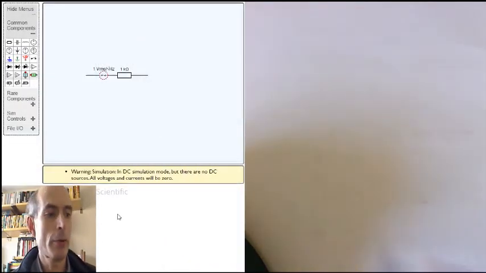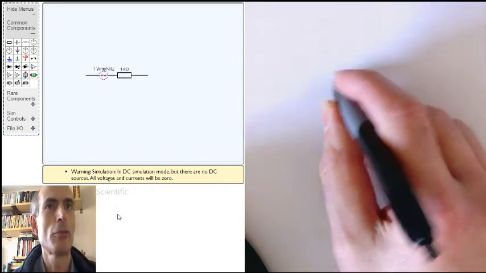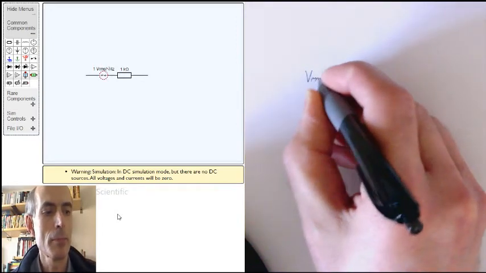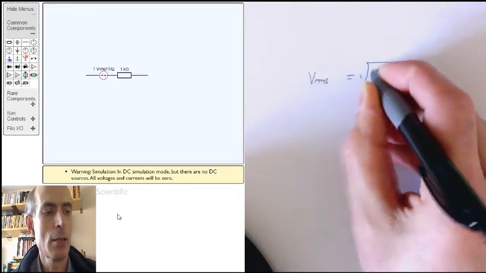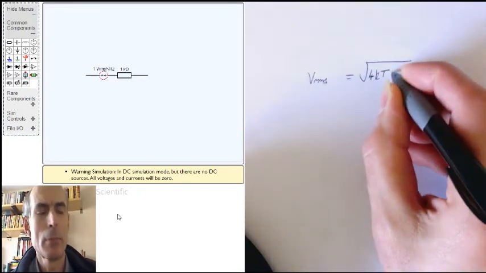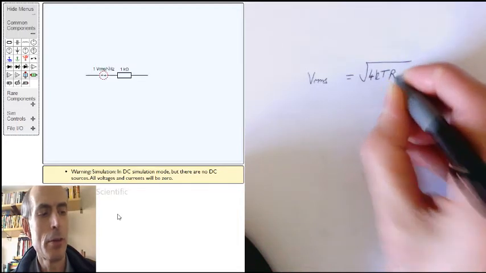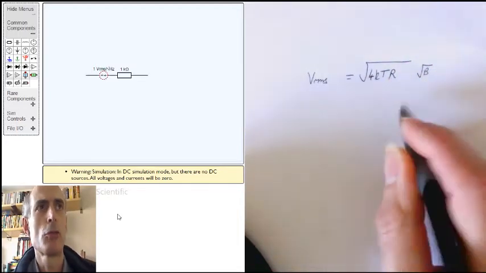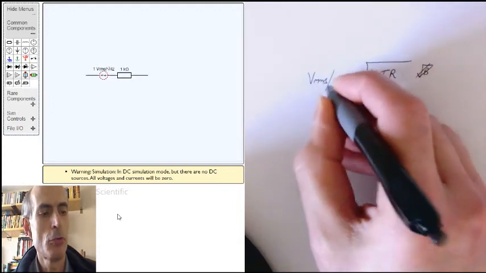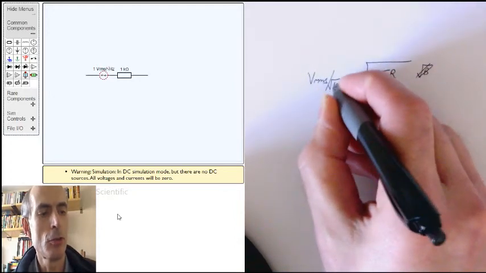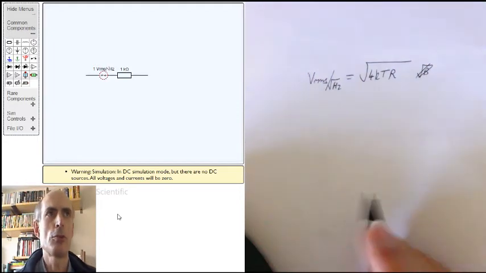Now, the noise power from a resistor in terms of its RMS voltage is square root of 4kTBR, but I'll just write that as 4kTR at the moment and not worry about the square root of B, because I'm going to be calculating the volts per root hertz, not just the volts RMS as a voltage.